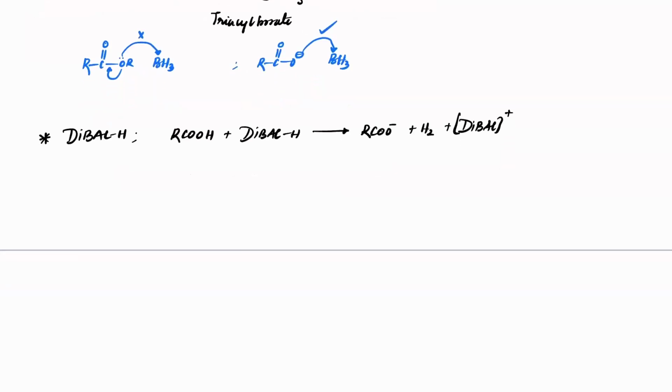Instead, what are the acid derivatives here? That is esters, C double bond O, O R dash.